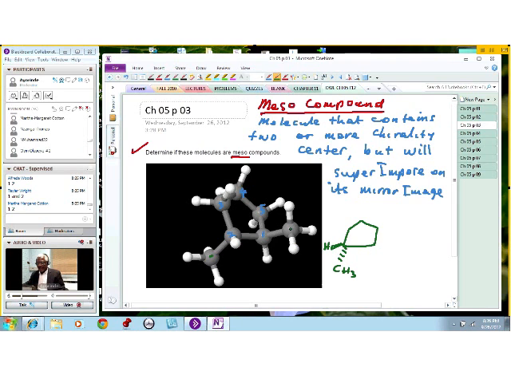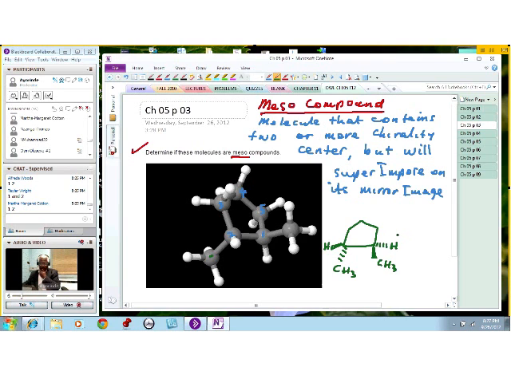And then this other methyl is on the other side of the ring, coming at you, and of course that means the hydrogen that is here is going away from you. That is the molecule they have given us.